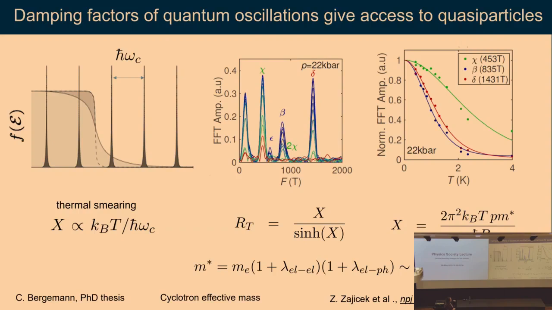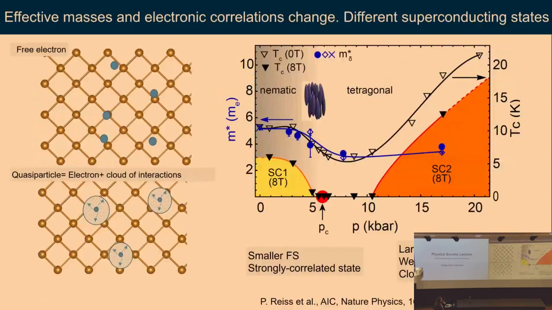From this variation with temperature, for each pocket, we can extract the effective mass of the quasi-particle, which is the orbitally averaged mass for that particular pocket. The changes in effective masses, the fact that they are enhanced, is due to both electron-electron interaction and electron-phonon interaction. And this gives us quite detailed information about which electrons are more correlated and how we can detect precisely their effective masses.